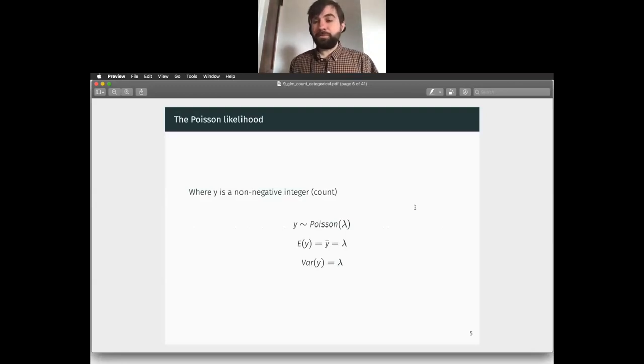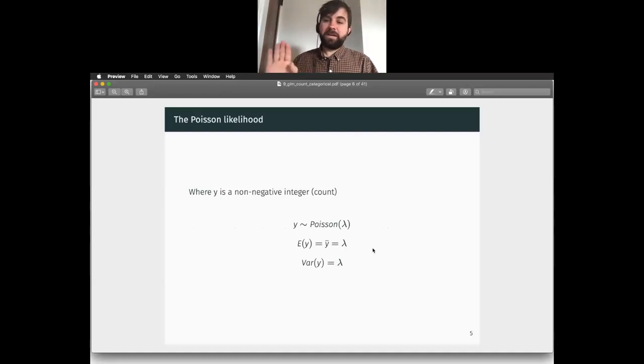We can describe a variable as Poisson distributed, y is distributed Poisson, and we typically refer to the parameter of the Poisson distribution as lambda. So this is lambda. We're going to see a bunch of it today. The expected value of y, also written y bar, is equal to lambda. But in the Poisson, the variance of y is also equal to lambda.